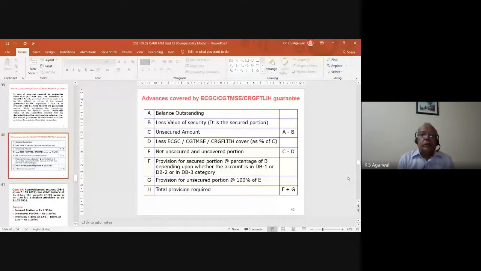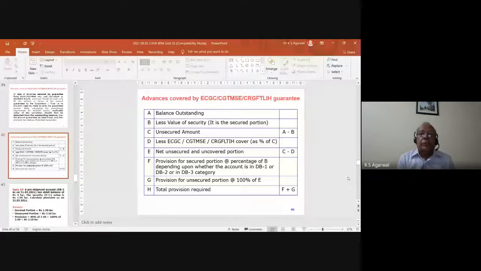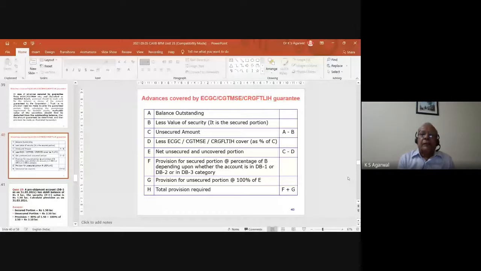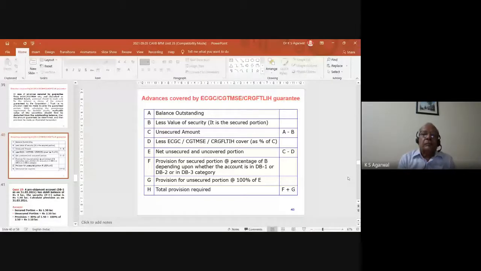There is some balance outstanding. Thereafter, I have to reduce value of security. I will come to unsecured amount, A minus B. Thereafter, I will apply the CGT, MSE, ECGC percentage. What I want to say is, you have not to apply ECGC percentage on balance outstanding.